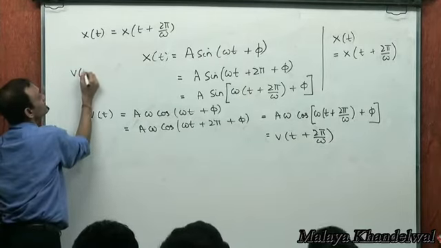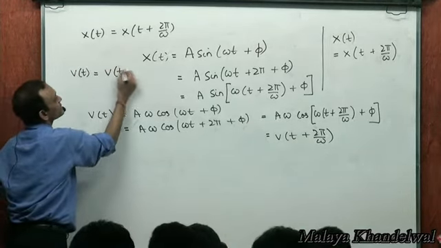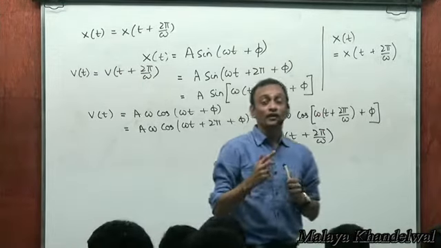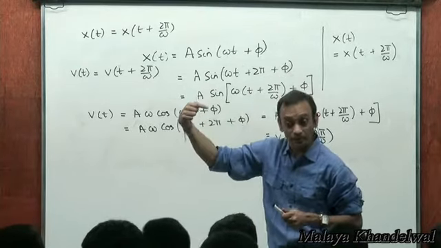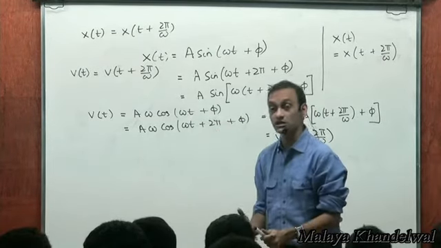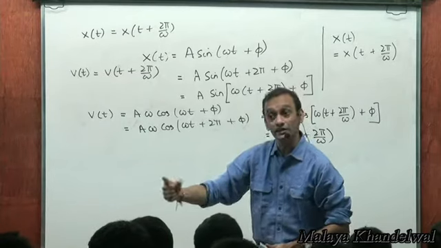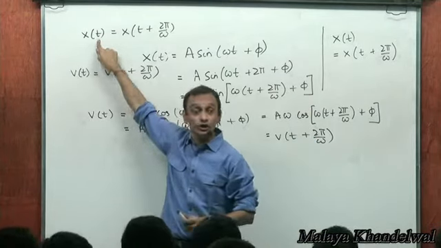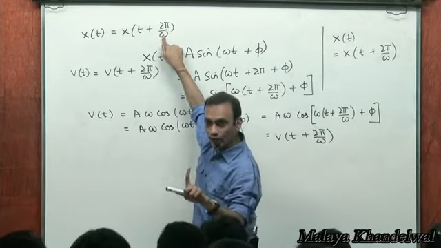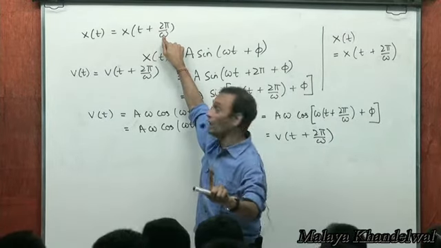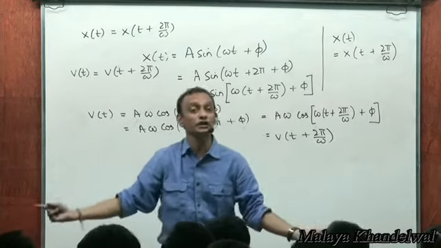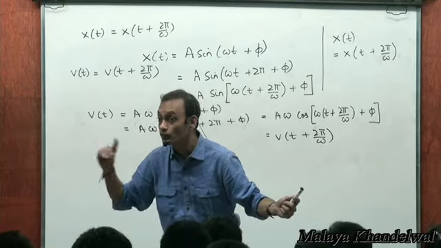Similarly, velocity at an instant of time t is the same as velocity at an instant of time t plus 2 pi by omega, implying therefore that 2 pi by omega seconds after a certain instant t, the displacement gets replicated, the velocity also gets replicated. In a time equal to 2 pi by omega, both displacement and velocity get completely replicated, reproduced. Yes or no? Right?